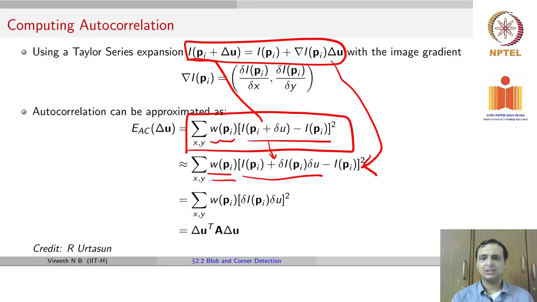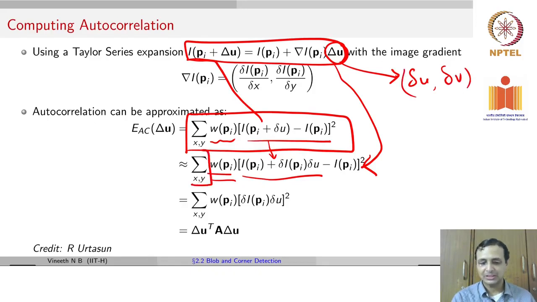So just to explain the notation here, by delta u we mean a vector delta u and say delta v. Because we have taken out a summation here, we are simply writing it as one of those delta u's inside, right? So anyway, there's going to be a summation for delta v, which will take care of the other component of delta u.